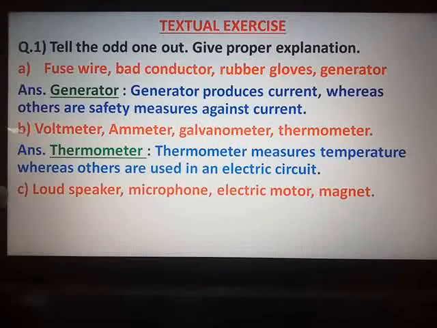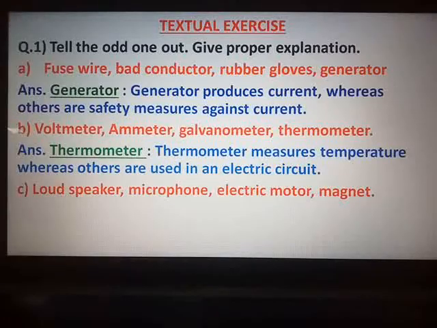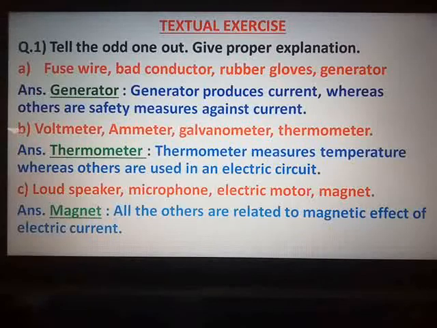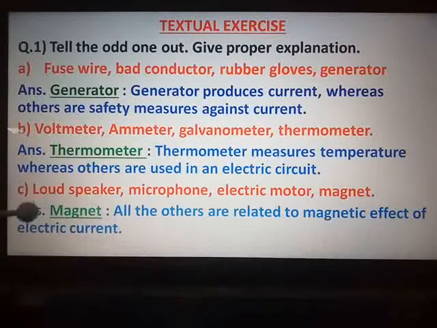Next, loudspeaker, microphone, electric motor, magnet. Now here you can see loudspeaker, microphone, or electric motor. Magnet is the odd man out because all the other three are related to the magnetic effect of electric current, whereas magnet is not. Or you can give any other justification in your own words also.